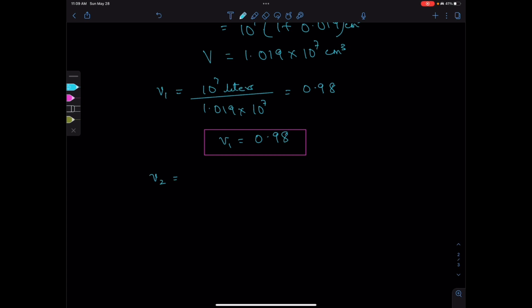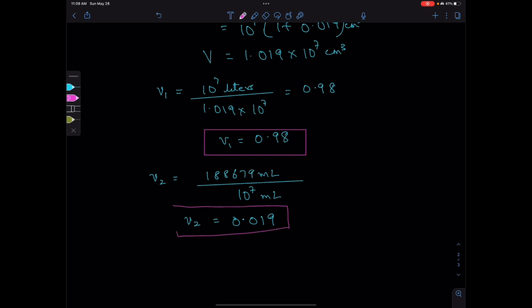So V2 is the volume fraction of polystyrene, which is 188,679 milliliters over the total volume, which is 10 power 7 milliliters, and that is 0.019. So V2 is 0.019.